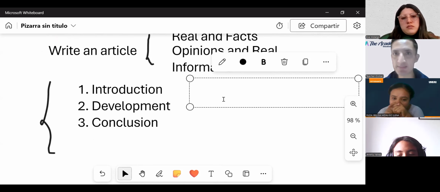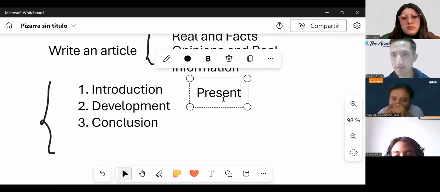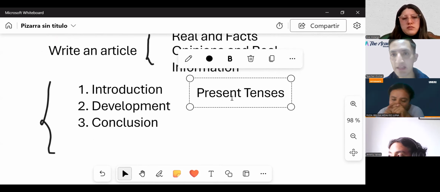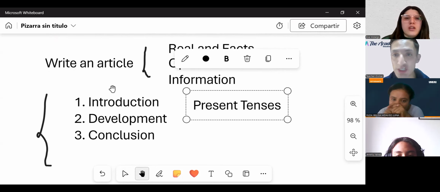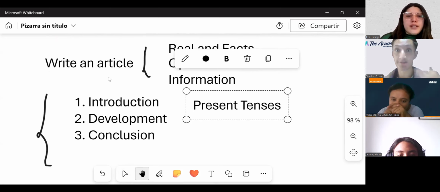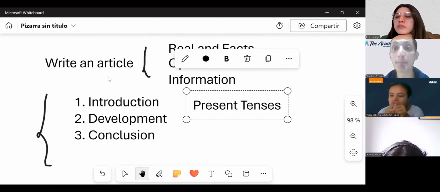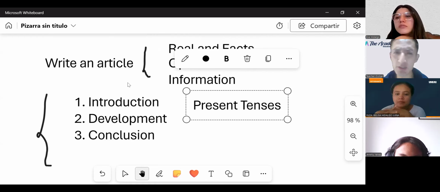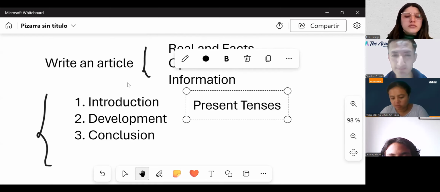And in this case, you can make a combination of all the tenses, but this is mainly written in present tenses, okay? Because remember, we are talking about real information and facts. So remember, everything must be mainly in present, but also you can use past, you can use future.